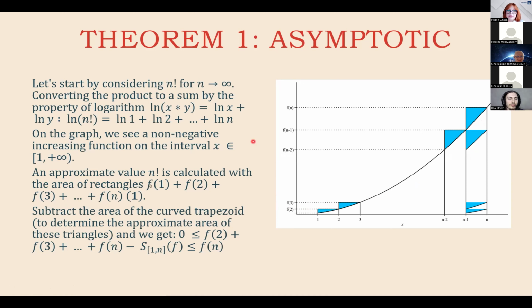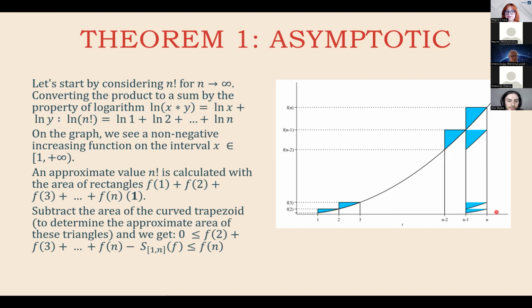An approximate value of n factorial is calculated with the area of rectangles of function 1 plus function 2. We mean these rectangles. And here we have the last two rectangles shown. We subtract the area of the curved trapezoids to determine the approximate area of these triangles.